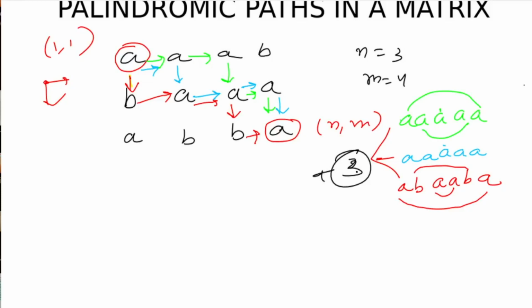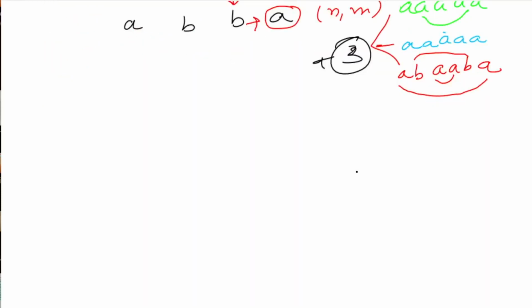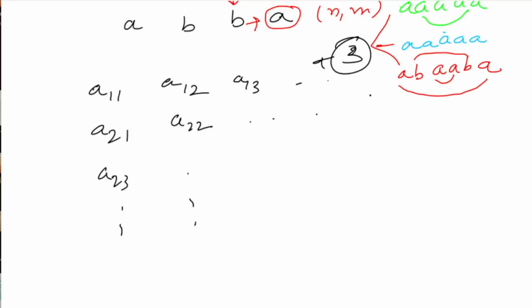So let's see how we can solve this problem. Okay, so now let's say we are currently at this cell A11. Let's do it like this: A12, A13, then we have A21, A22, and A23, and so on. There are n into m cells, and now in the end, let me add a page.